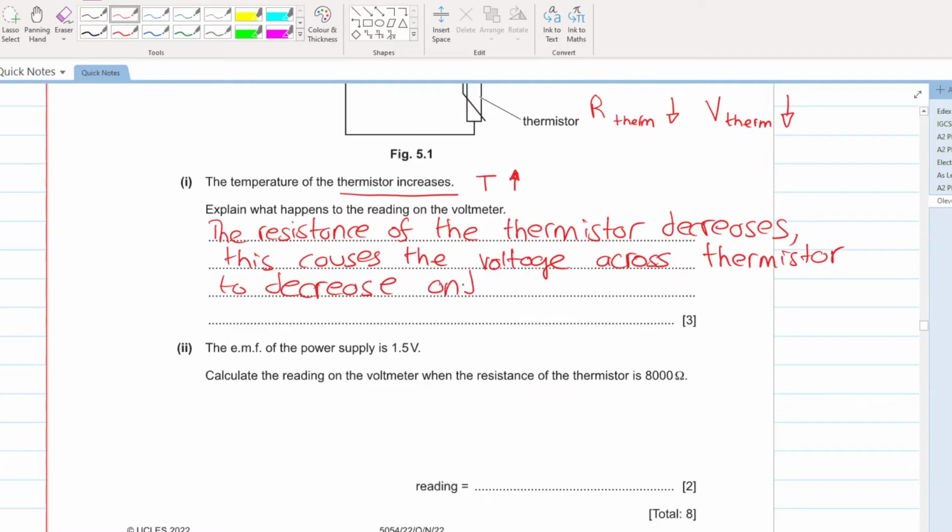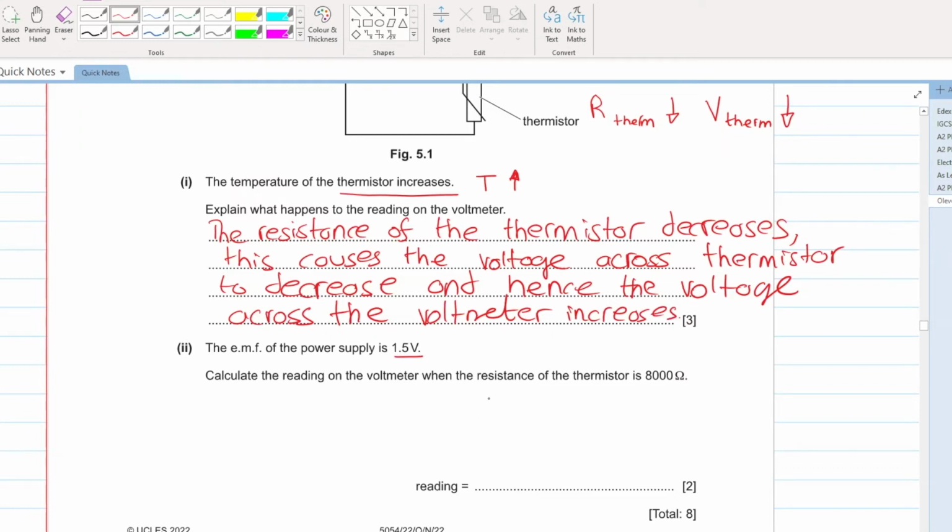And hence the voltage across the voltmeter increases. Perfect. Simple. The EMF of the power supply is 1.5 volts.